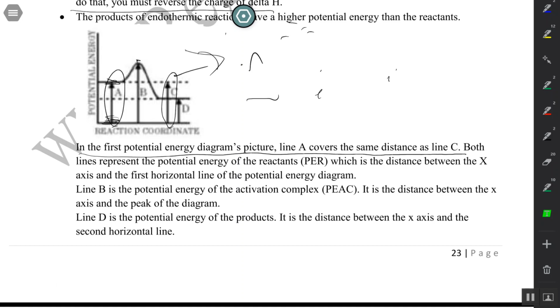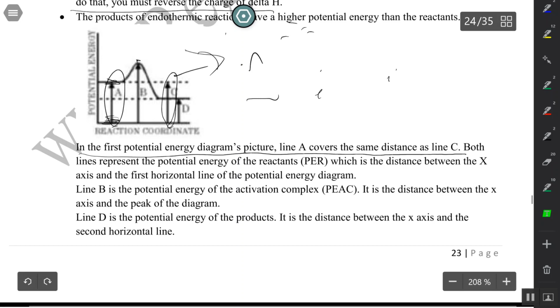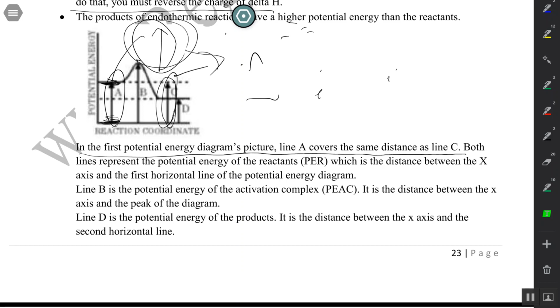It's still the same thing. It's the distance of the line that matters. So I can have this line right up here if I want. If this line fits between the first horizontal line and the x-axis, then this line will represent the potential energy of the reactants.